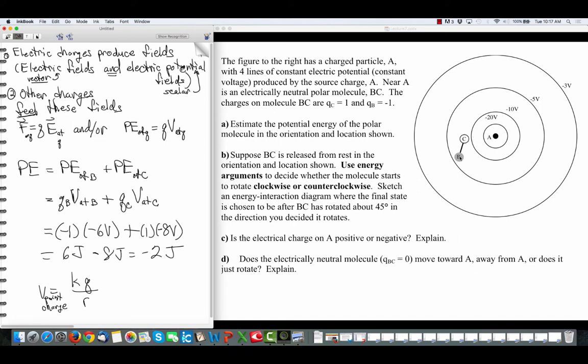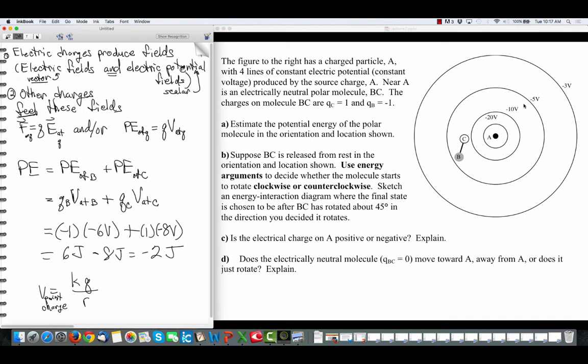The energy of this negatively charged particle, B here, is going to go up as I get closer, but B is farther away. So C is closer. It's going to drop more than B goes up. And the end result is that this thing is going to want to rotate clockwise, and A is going to suck C over toward it. So it's going to want to rotate clockwise and move toward the negative charge.